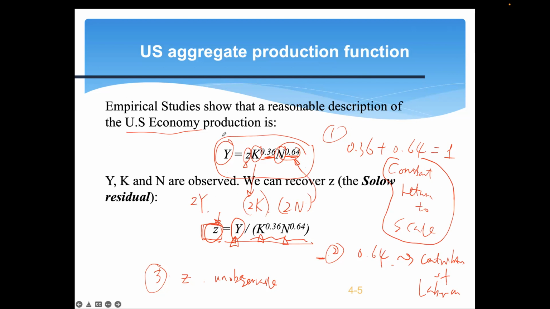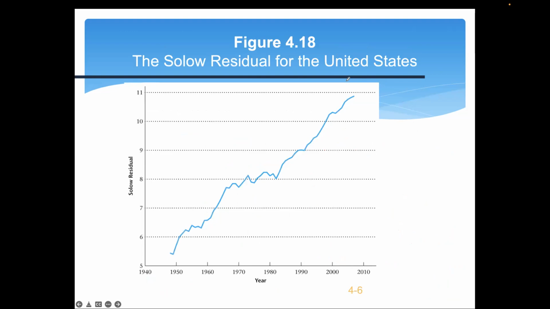Or in general, if we multiply K by X, where X is any number, and multiply N by X, this implies Y is going to increase by X. This is what we call constant return to scale. In other words, the scale of the economy is proportional to the resources you have. So this is the production function.